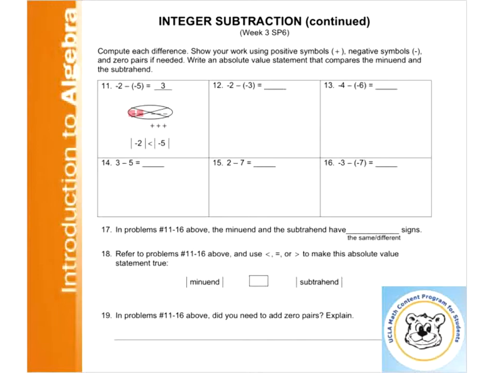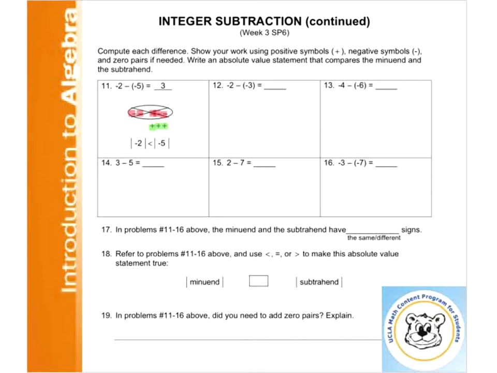I only have 2 negative markers. So I'm going to have to build some zero pairs so that I can get more negative markers to subtract. And I notice at this point I have enough negative markers to subtract.